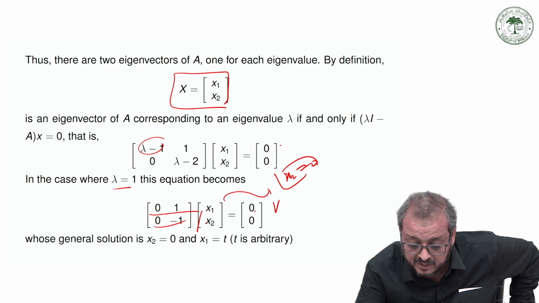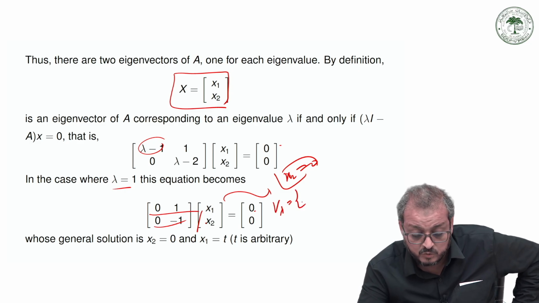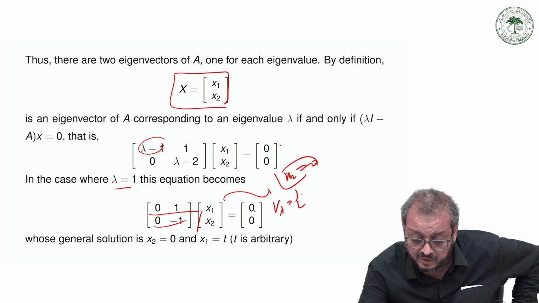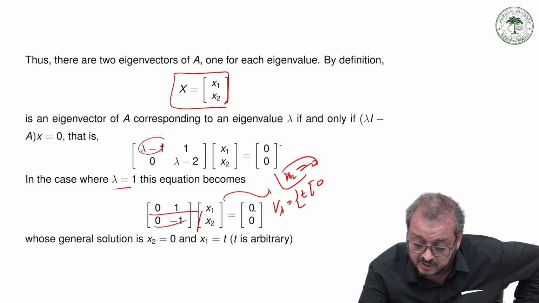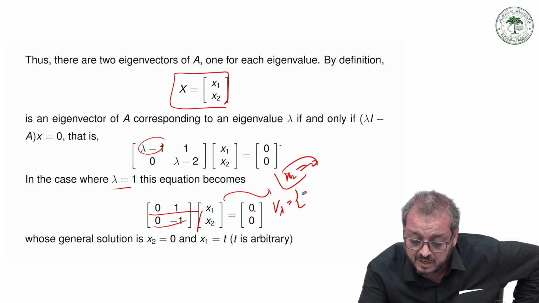That means we can say v lambda is nothing but in the form of t times, with x1 equal to t and x2 equal to 0, such that t is any real number.